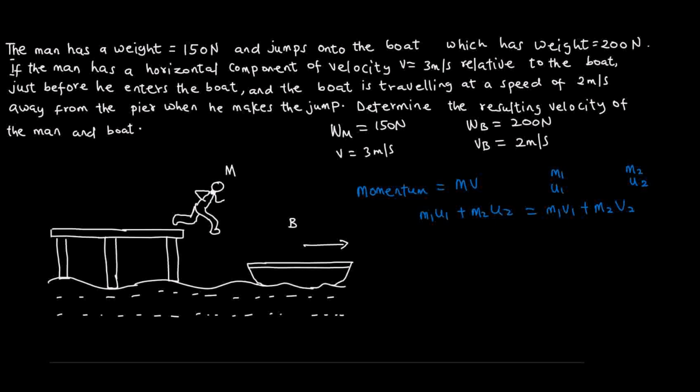So in that case, they are going to have different velocities after the collision. If the collision is inelastic, then the two masses are going to stick together after the collision. So in that case, they are going to have a common velocity.